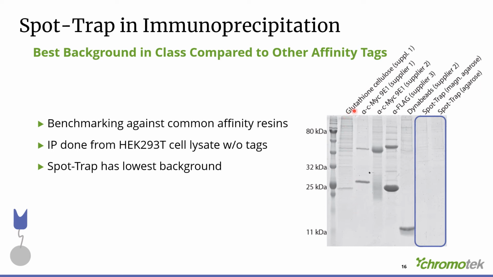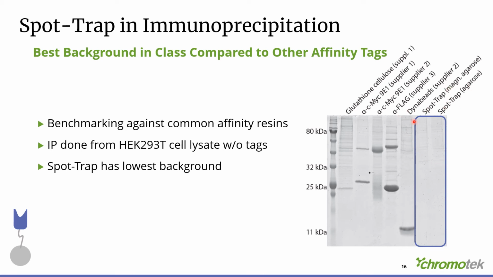Here we have a glutathione cellulose from supplier 1, then we have an anti-MYC antibody from a different supplier, we have FLAG resins used, we have Dynabeads coupled to streptavidin used, and we've used Spot-Trap magnetic agarose and Spot-Trap agarose.